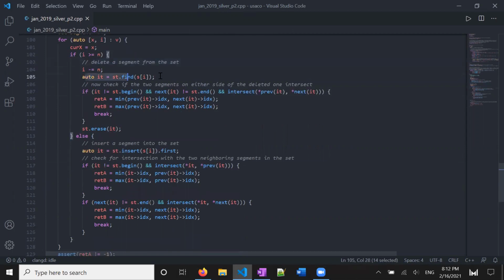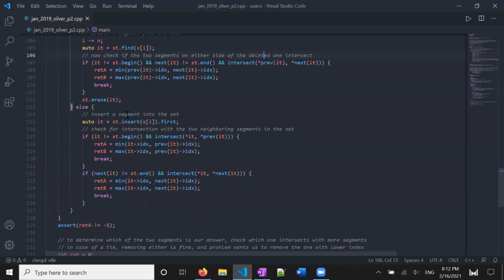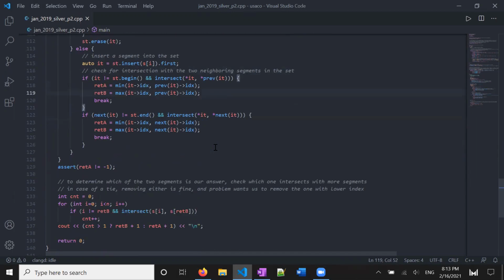I just erase the segment and I check if the two segments on both sides of the deleted one inside the set intersect. In the other case, when I insert a segment, I check the two neighboring segments, above and below it, and see if I intersect with them. Anytime I find an intersection, I set them equal to ret A and ret B, and I immediately terminate.